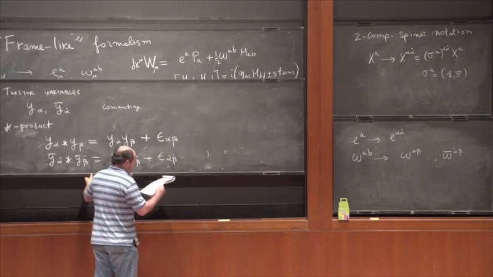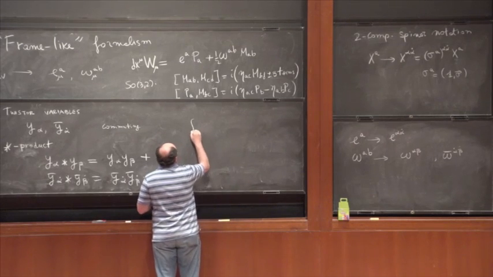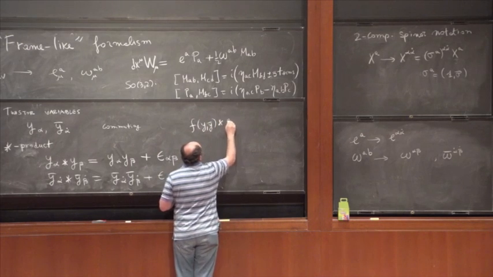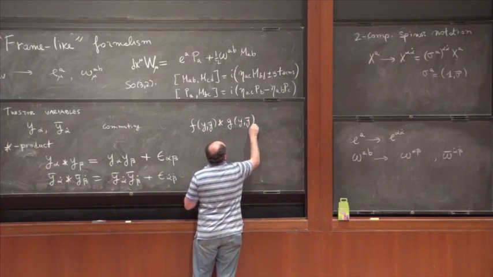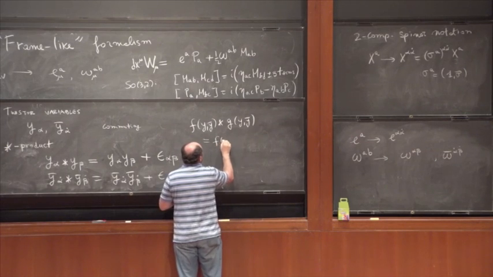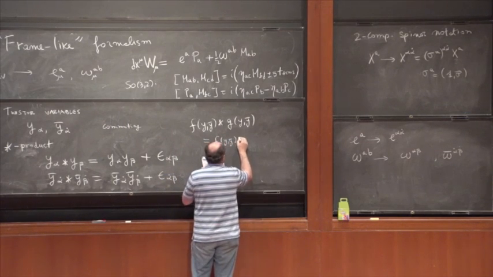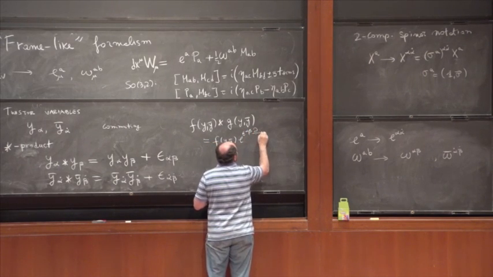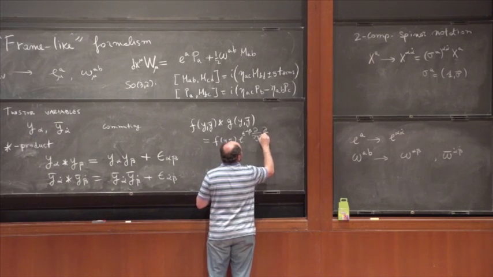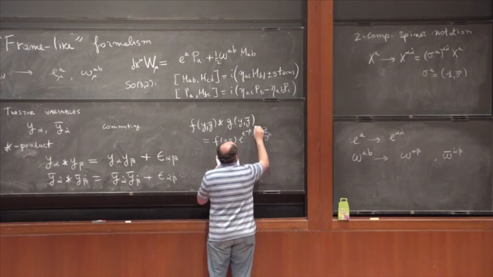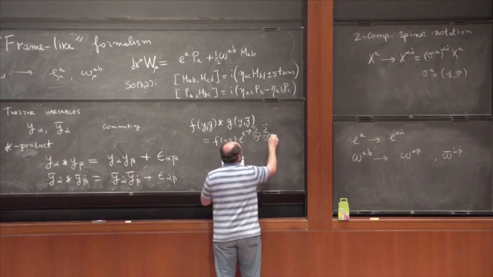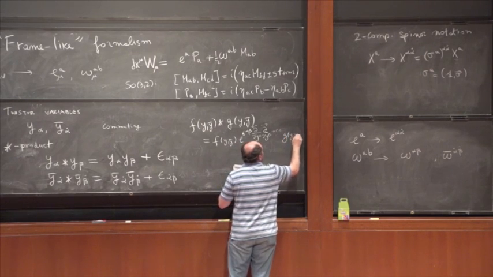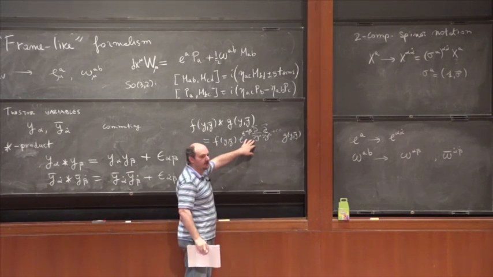Okay, so more generally, if we have a star product between two functions, by this c.c. I just mean the same term for the barred variables.